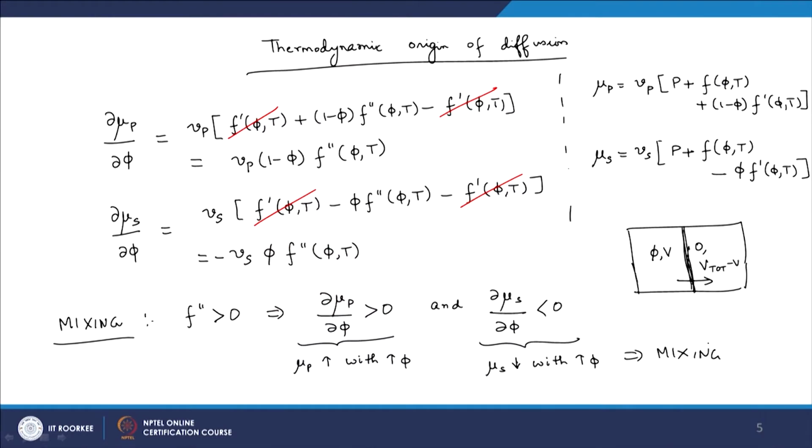Okay. So, if the analogy is somewhat confusing to you, let us start with say a concentrated solute solution that has a very high value of volume fraction phi, and let us say I mix into a pure solvent. So, when I mix in, then the volume fraction of the solute decreases when compared to the initial concentrated solution of solute, and this is a favored process because the chemical potential of solute is decreasing.